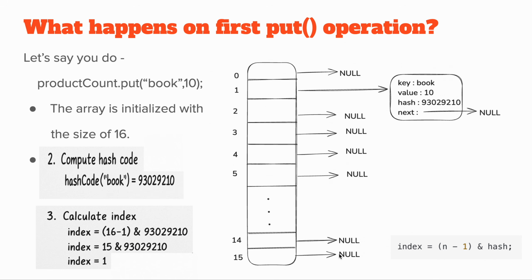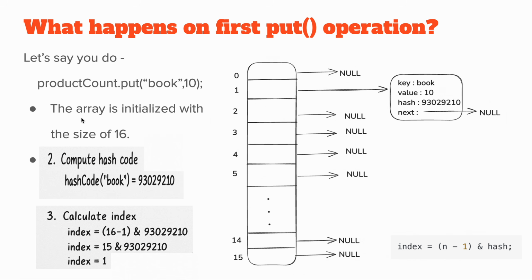Let's discuss what happens on the first put operation. After creating an instance of a HashMap, when we do the first put operation, what happens internally? When we do the first put call, Java finally creates the internal array of size 16 as per the default capacity.